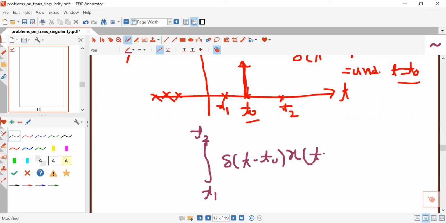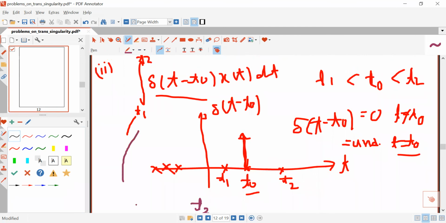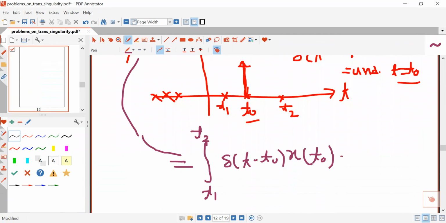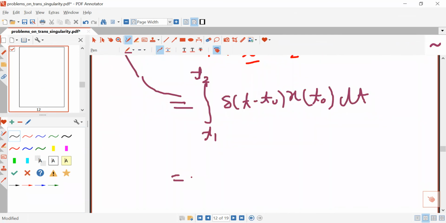Only at t equal to t naught you are unable to define this product. So this integration will change to this integration. Now x(t naught) will be constant, so it will come outside the integration.